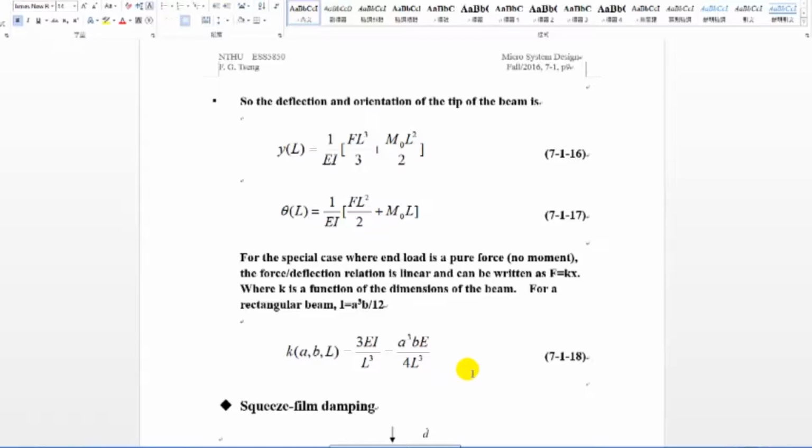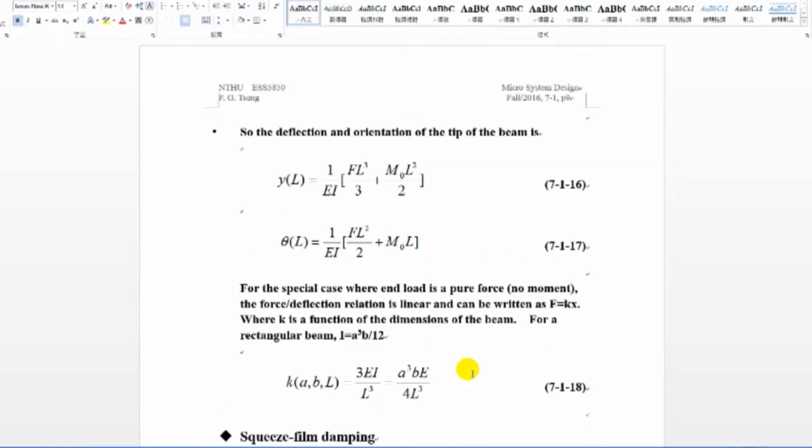If you don't consider the moment from the beam and use only this part, using this equation, the tip deflection y_L equals F divided by the spring constant.